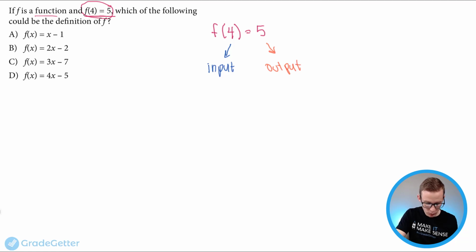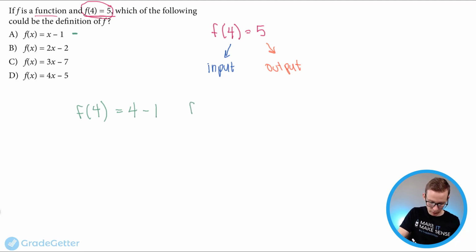So let's see which one of these equations satisfies this input and output. So I'm just going to start with the equation from letter A. So when x is 4, x is my input, what is my output? Well, if x is 4, wherever there's an x, I'm going to put 4 minus 1.